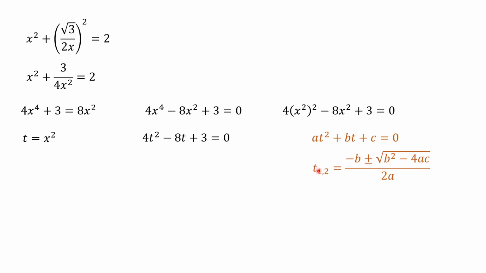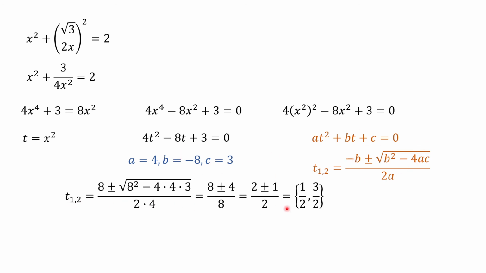The other solution, t2, has a minus sign. So two solutions. Now let's apply this formula to our quadratic equation. First of all, let's figure out what a, b, and c are. We see that a should be 4, b should be minus 8, and c should be 3. Now we plug these values for a, b, c into this formula, and this is what we're going to get.